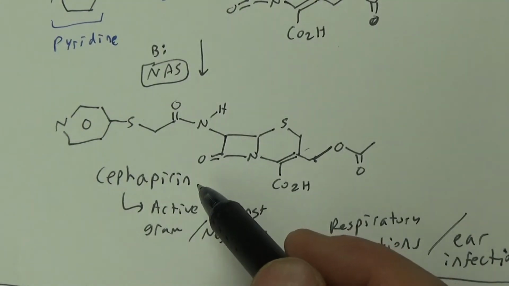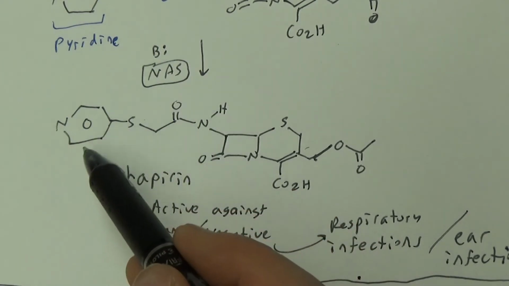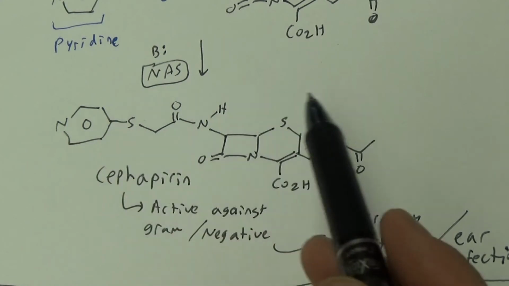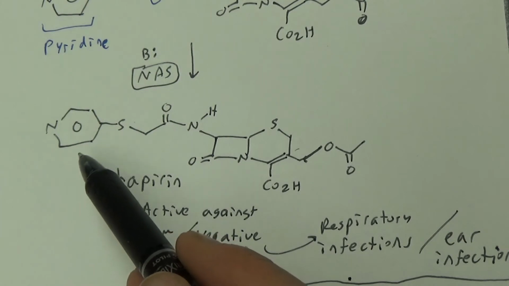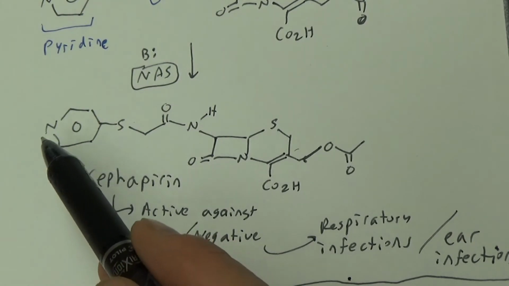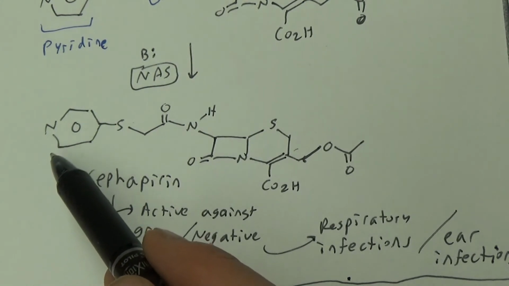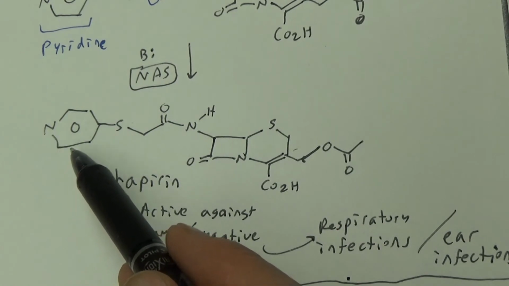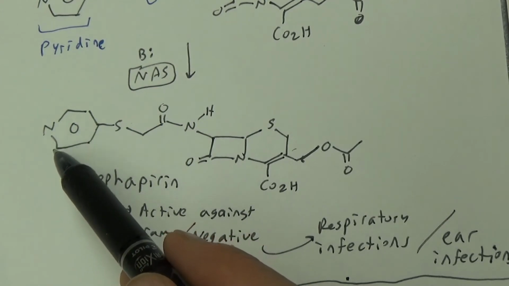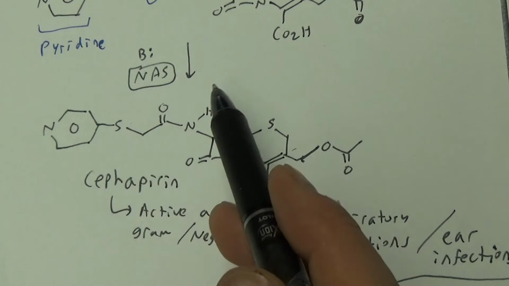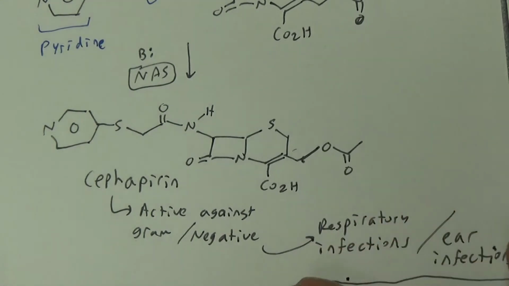It is interesting to note that they have a pyridine here, and the pyridine is a polar heterocycle, and that may contribute to it being active against gram-negative bacteria, because this can get protonated, or well, it's certainly a polar component of the molecule, and that may help it sneak through the porin. I'm not 100% sure about that, but we'll see. The next molecule also has a polar thing on the left side over here, so that may be what's going on.